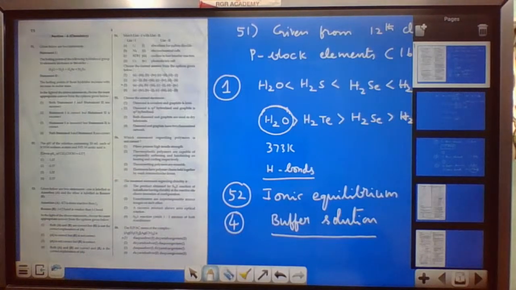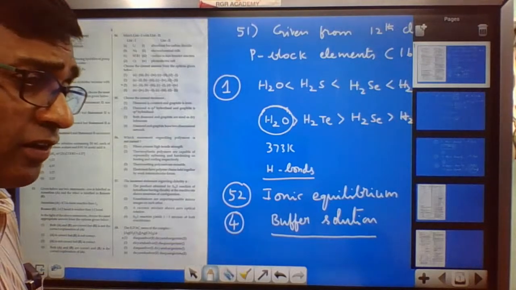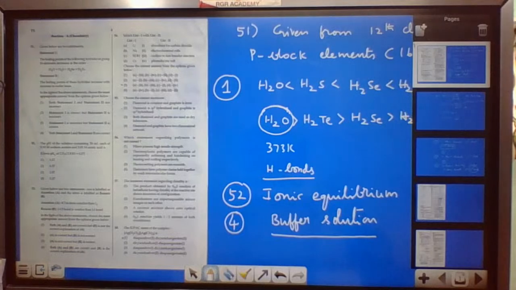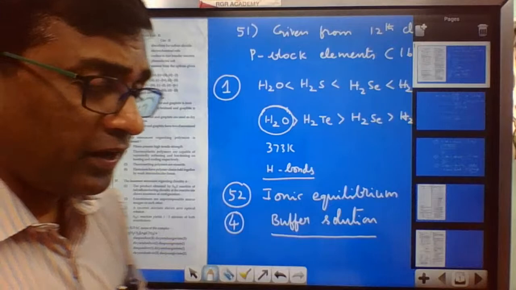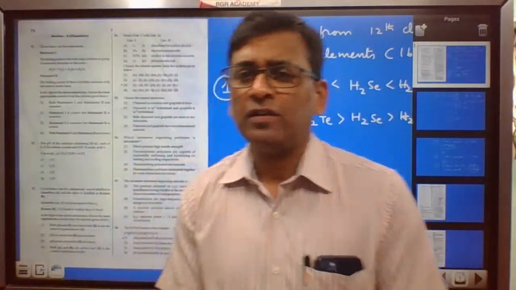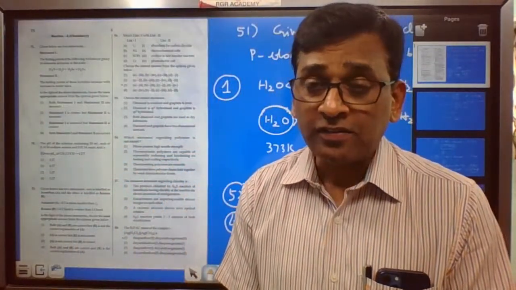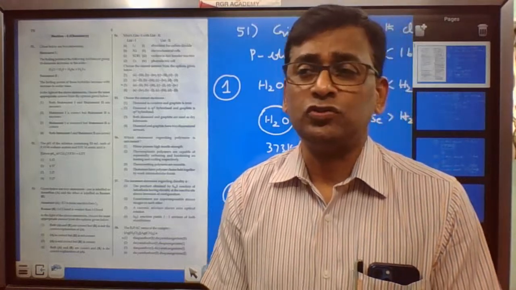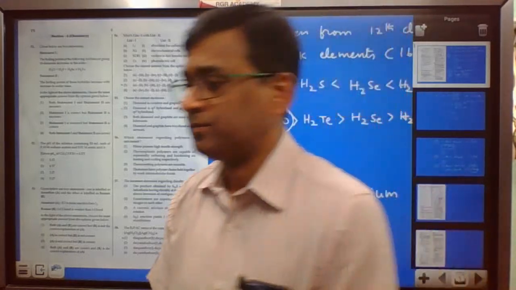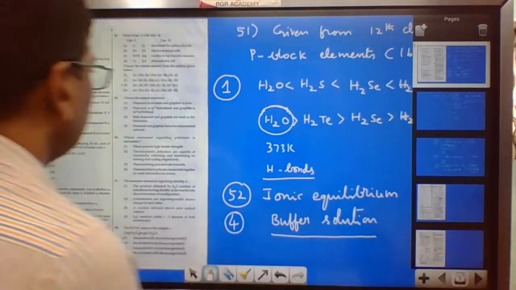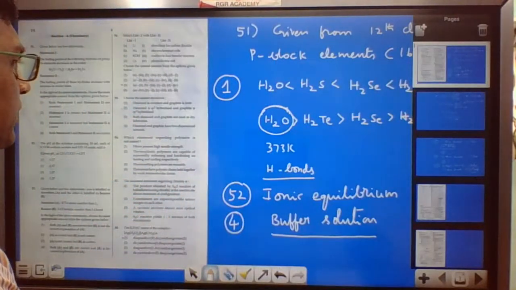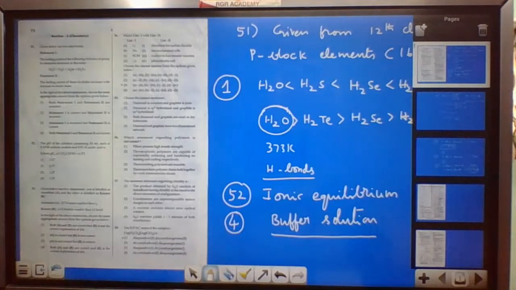Diamond is sp3 hybridized, correct, because it has tetrahedrally arranged carbon atoms. Graphite is sp2 hybridized, that is also correct. In graphite, each carbon is sp2 hybridized and they are arranged in hexagonal rings, and the rings are joined together to form layers. Got it? So that is the right statement.